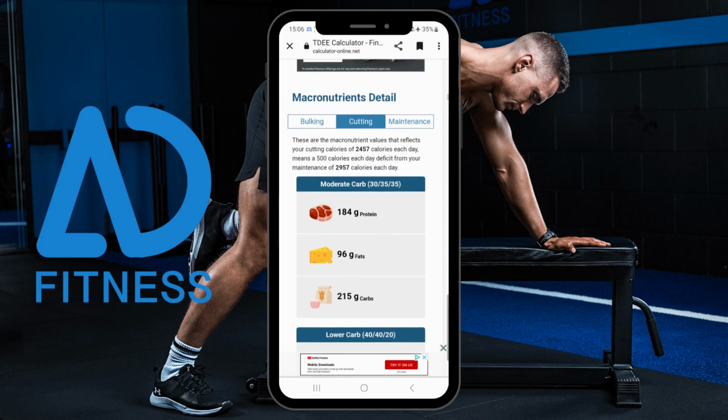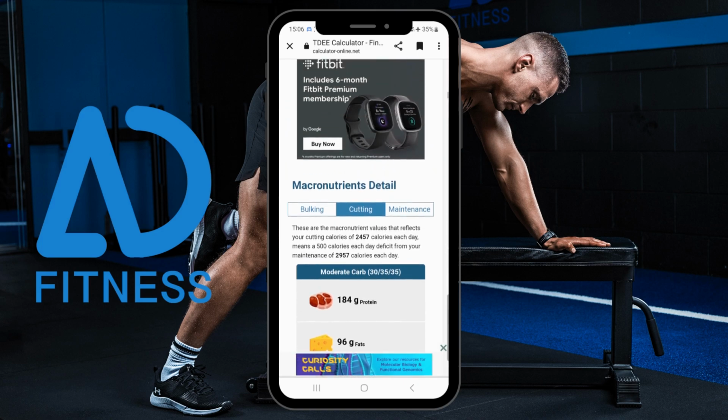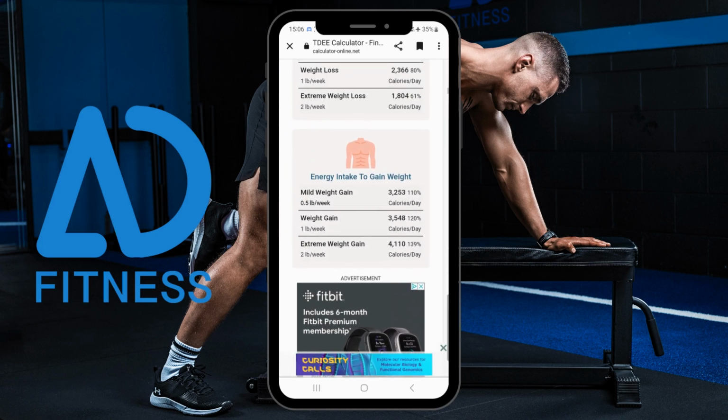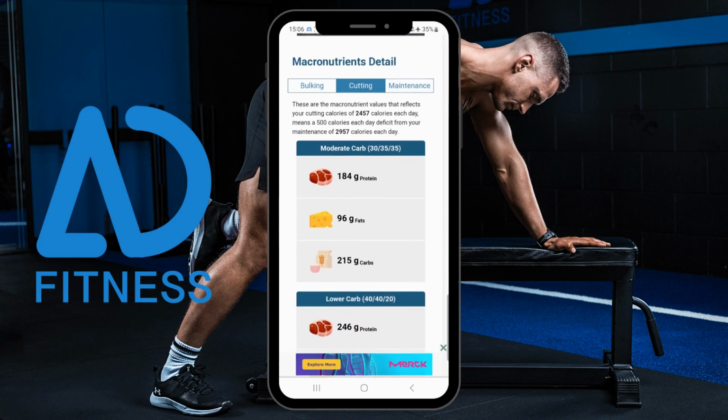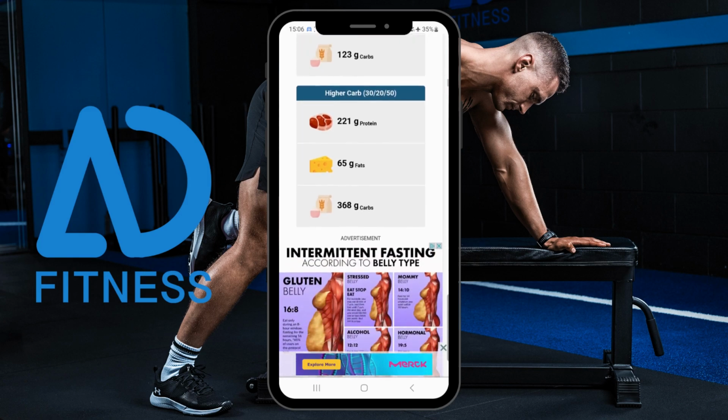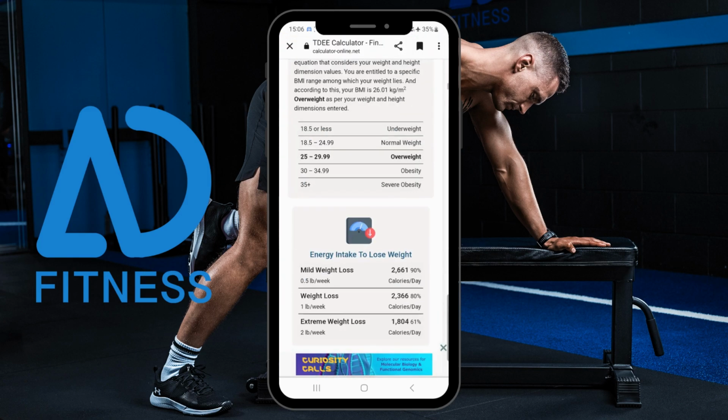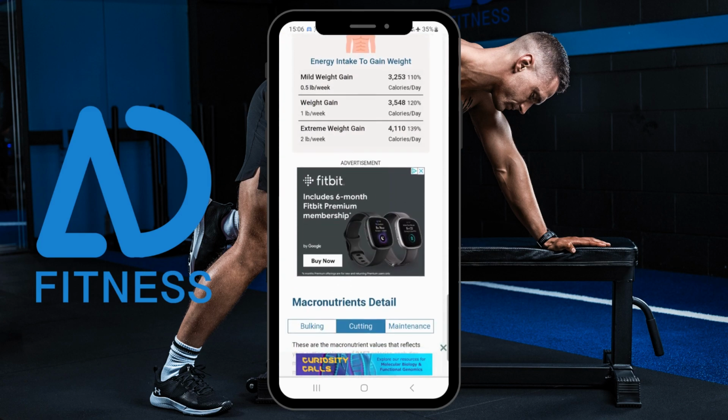The only one we're really concerned about is your protein, the top one, and your calorie intake depending on your goal. So if it's weight loss, then it'll be 2,400 calories, rounding up, and 184 grams of protein, and that's what we're really going to be worried about during your time here.